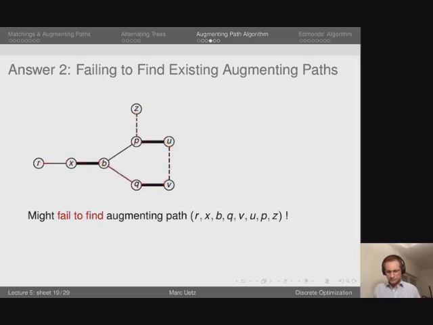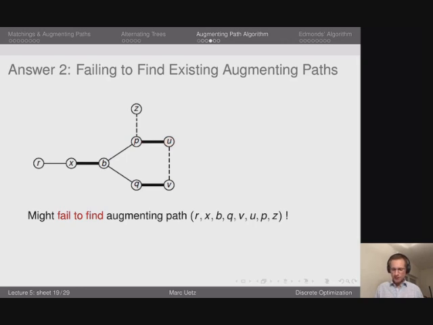Another observation with odd length cycles is the following. Not only may we fail to find this augmenting path, it is actually also possible that the vertices on this odd length cycle are classified in different ways depending on the order in which we are processing the edges of the graph. So let's suppose we are first processing this edge here. Then this one gets an odd length distance from the root, and then this one an even length distance.